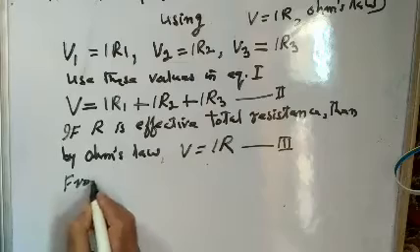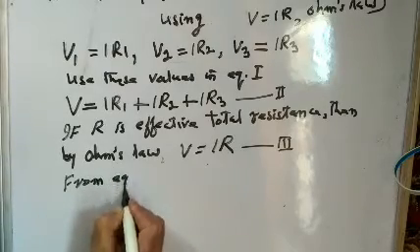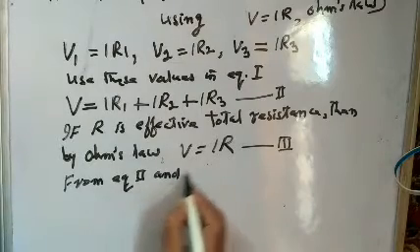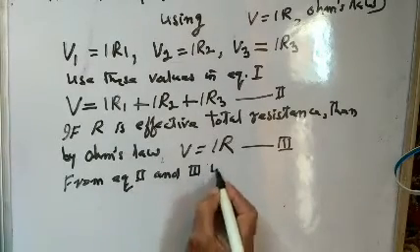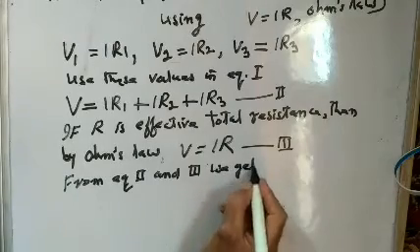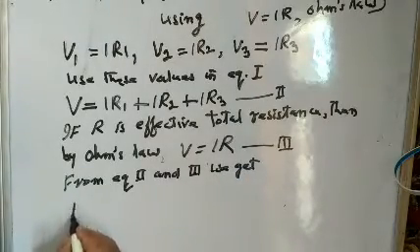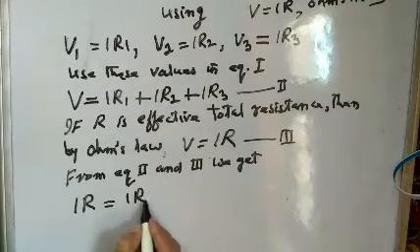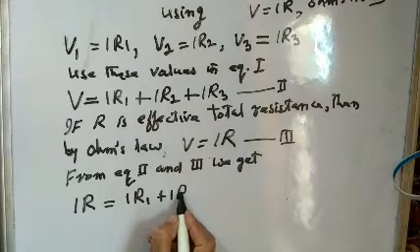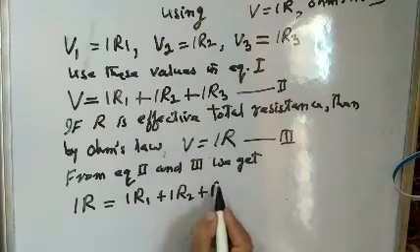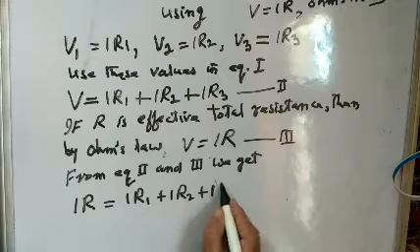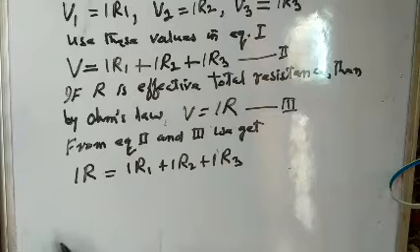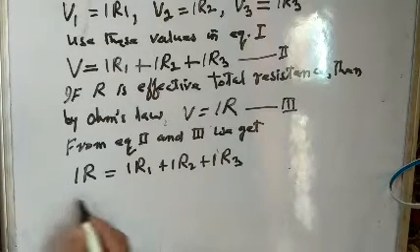From equations second and third, we get IR is equal to IR1 plus IR2 plus IR3. If we divide both sides by I, we will get R.